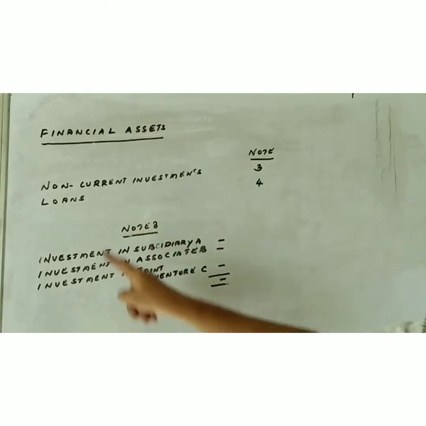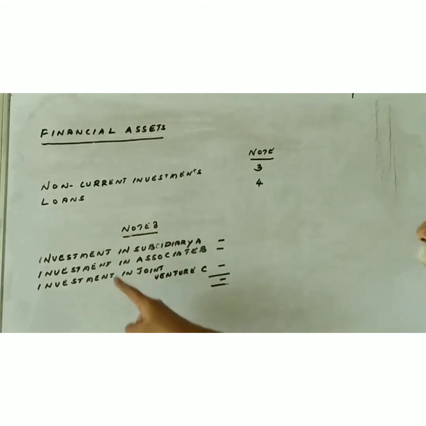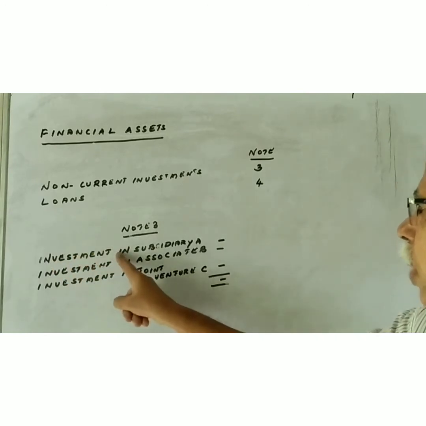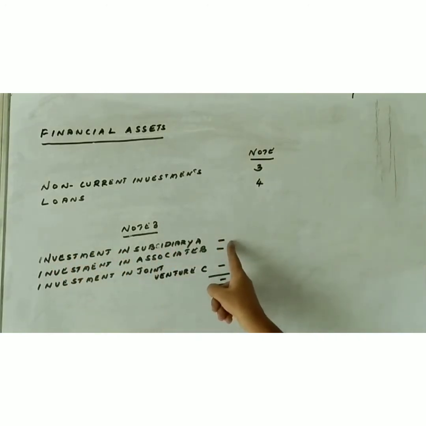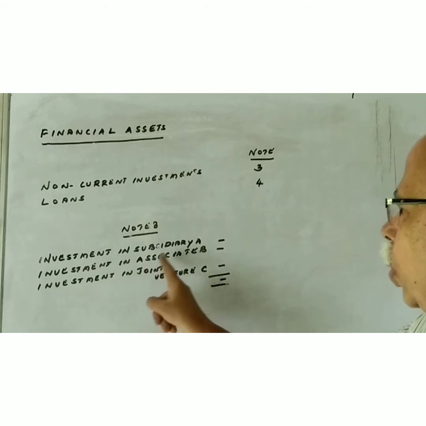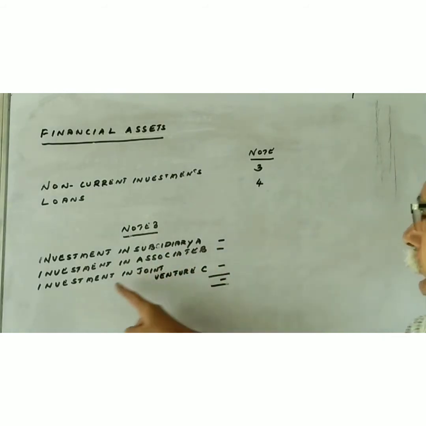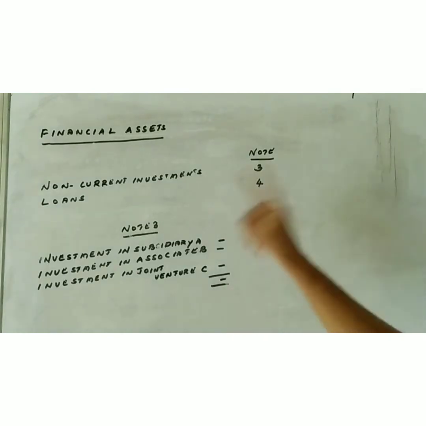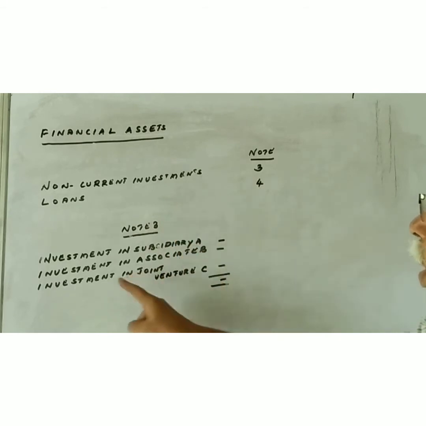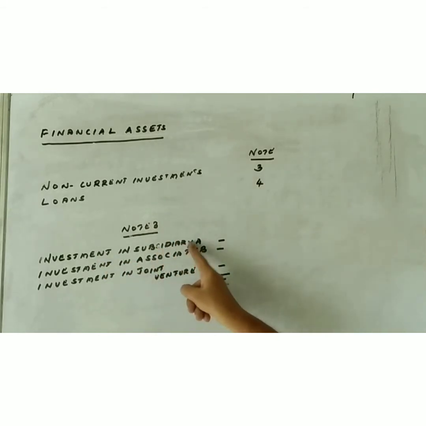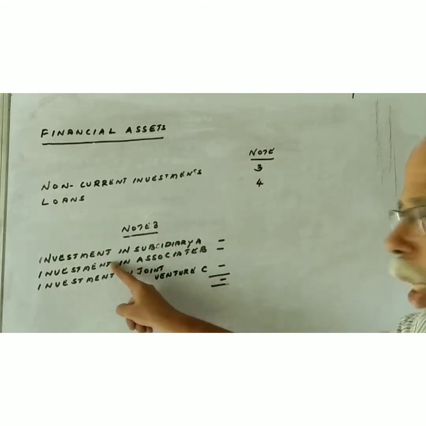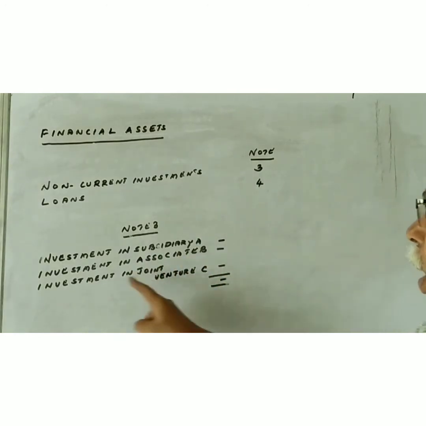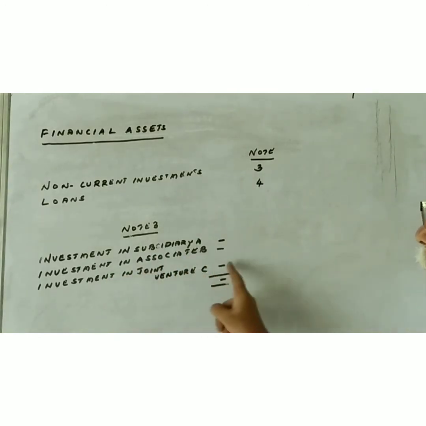Note 3 will show details of investment in subsidiary A, amount. Investment in associate B, amount. Investment in joint venture C, amount, total amount. This total will come here. Then loans, note number 4. Loan to subsidiary A, amount. Loan to associate B, amount. Loan to joint venture C, amount. Total amount will come.